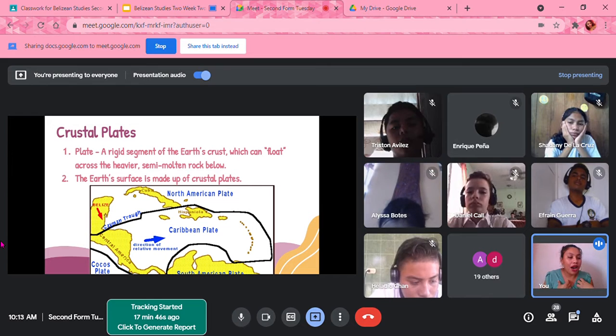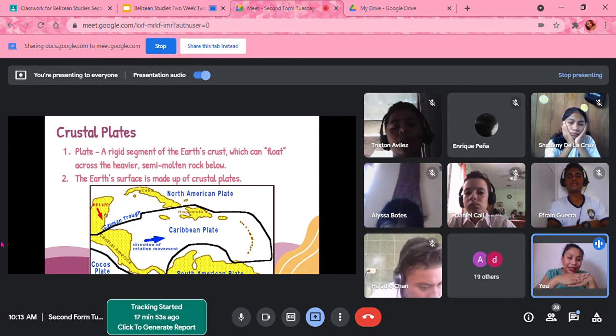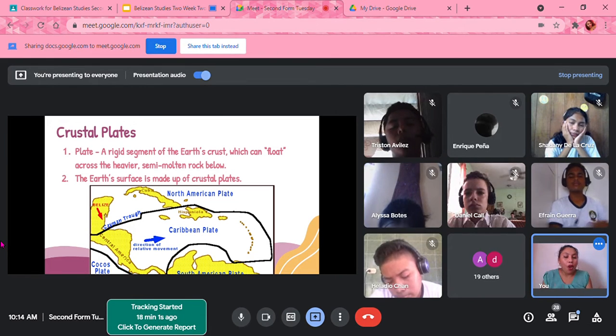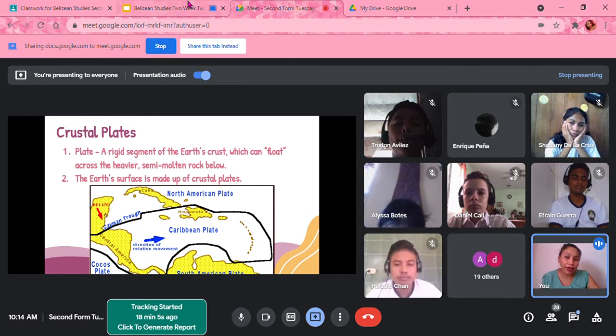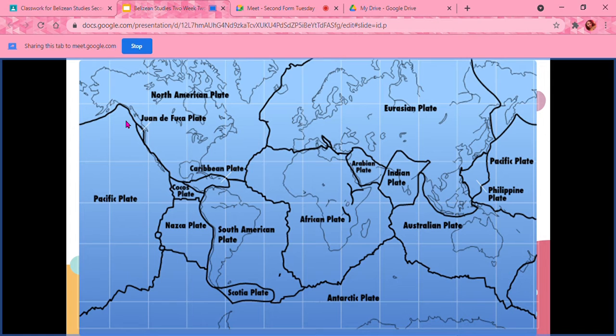Now where we are, a little bit under the crust, right where the crust and the mantle meet, there are the plate tectonics that are floating on top of the molten mantle that is there. So because they are floating, that leads to movement that happens because of these plate tectonics.